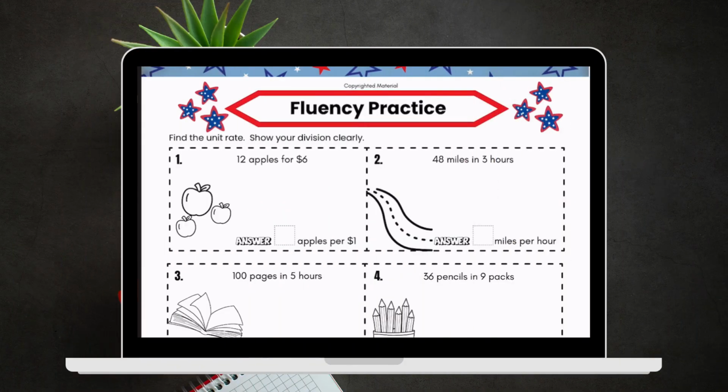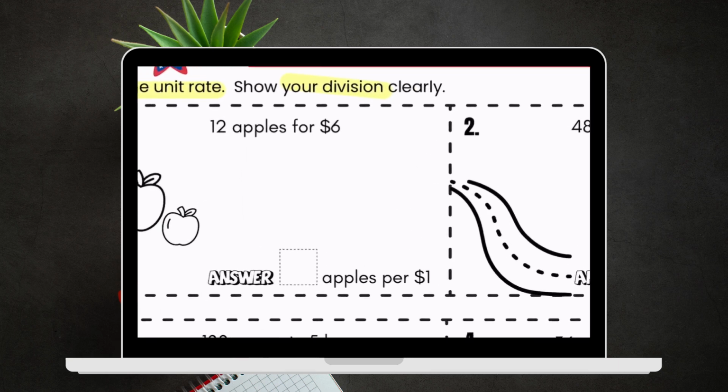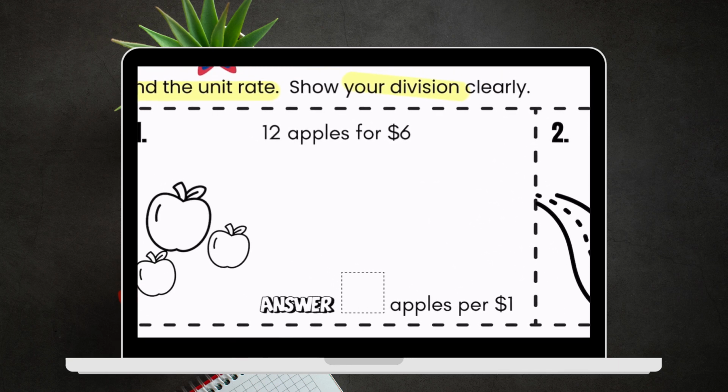Now that we're done going over our vocabulary terms, let's get into some practice. We're looking to find the unit rate, and we're using division to do so. My first problem here is I have 12 apples for $6. So I'm looking to know how many apples I would get per $1.